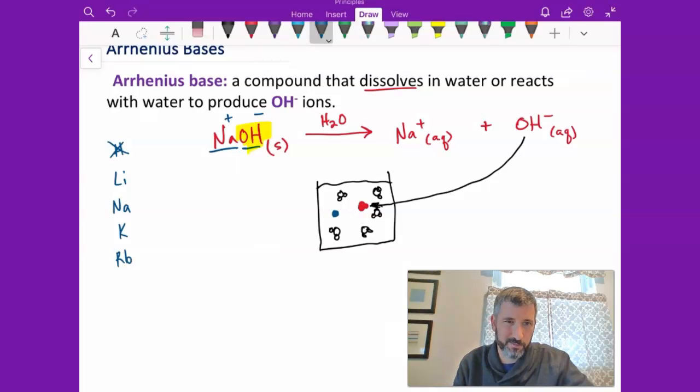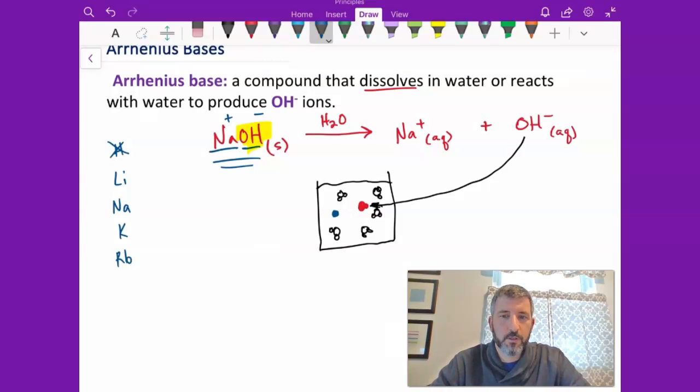We're not going to have to worry too much about those guys at the bottom of the periodic table. Those group 1 metals are very soluble when they are with hydroxide. So if I have sodium hydroxide, it dissolves very, very easily.